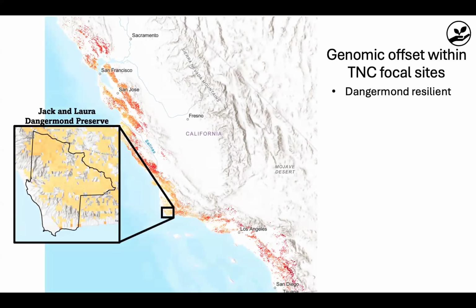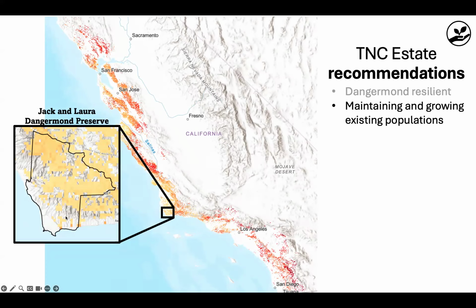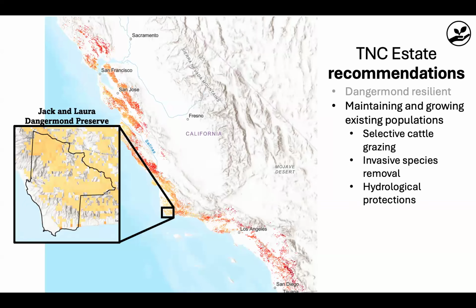So looking specifically at Dangermond Preserve, it's actually along one of these resilient patches, and it's one of the most resilient preserves. So what we would maybe recommend is, the oaks might not be as much in danger there. So maybe just maintain and grow the existing populations using land management tools like selective cattle grazing, remove invasive species, and just protect the water availability.